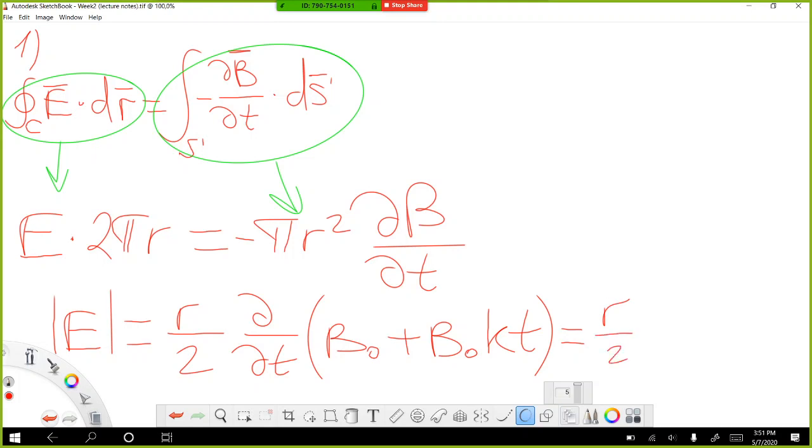So the derivative of B0 will be 0, B0 kt will be B0 k. R over 2 k B0.